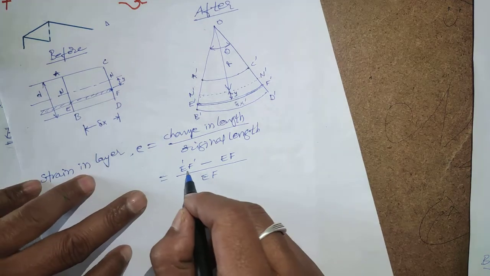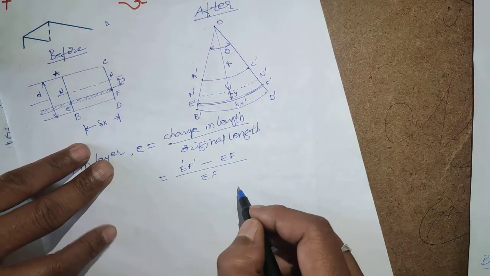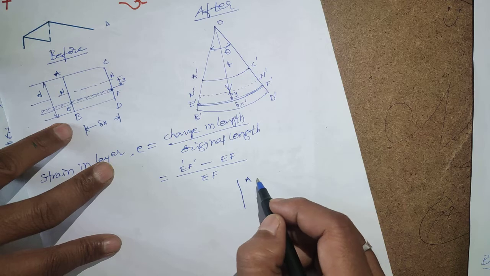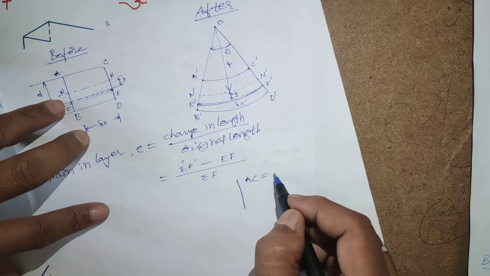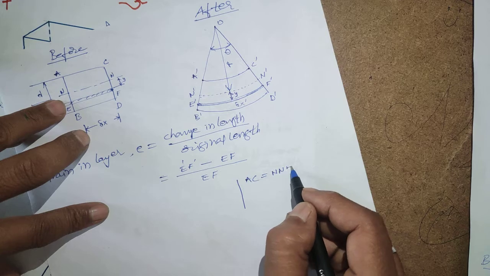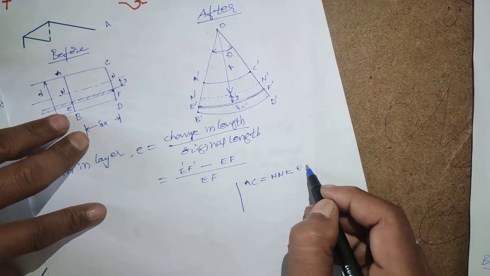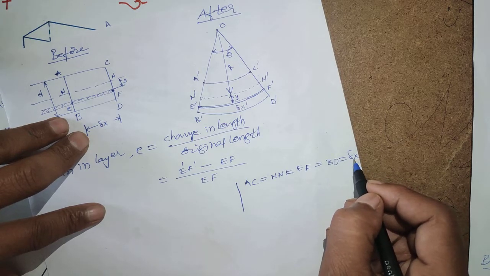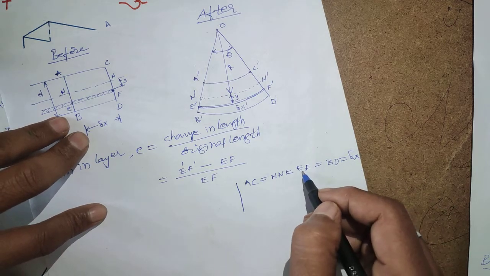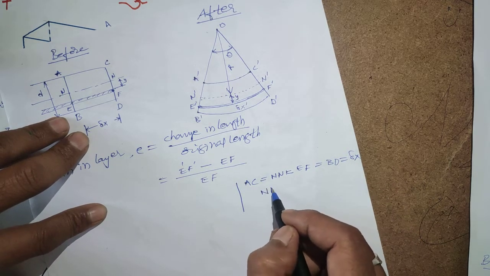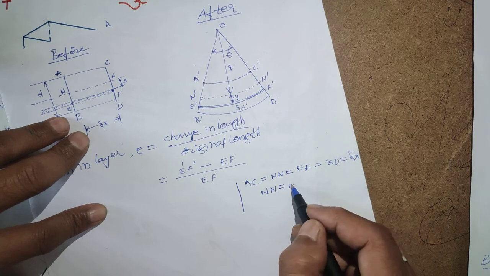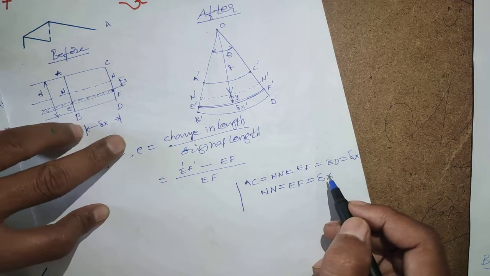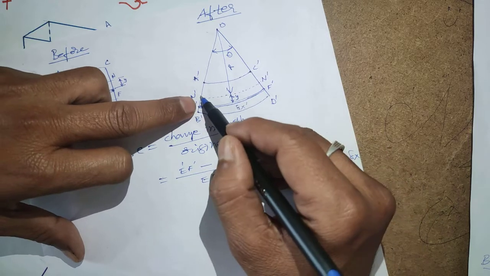How can you solve this EF? Okay. What is EF? Now take it from this figure. The AC layer is equivalent to the N layer, the length of the EF layer, that is also equivalent to the BD layer, equivalent to delta X. Now NN is equivalent to EF is equivalent to delta X. Look here.